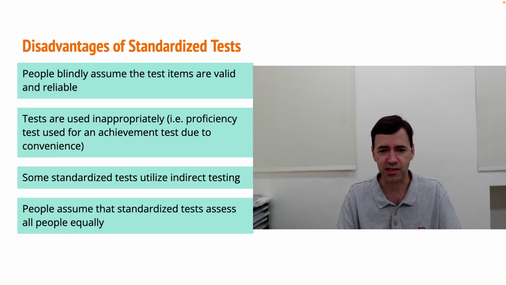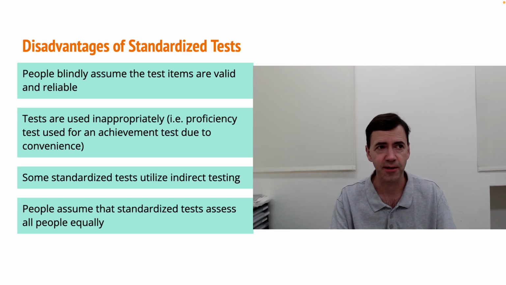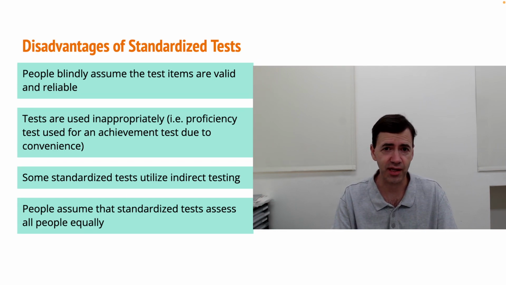Some standardized tests utilize indirect testing. So actually, as a teacher, you have to understand this. In the past, these big exams like TOEFL and TOEIC and IELTS, they never used to have production.